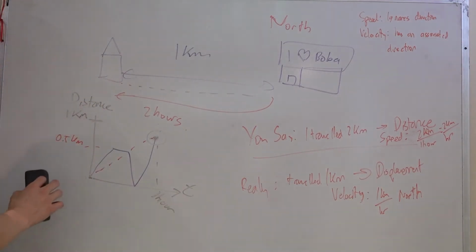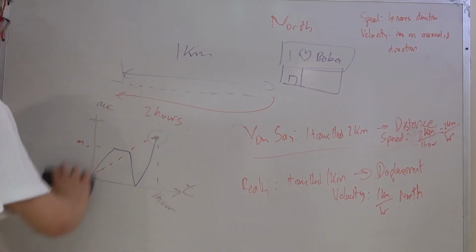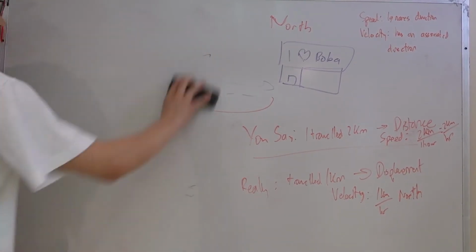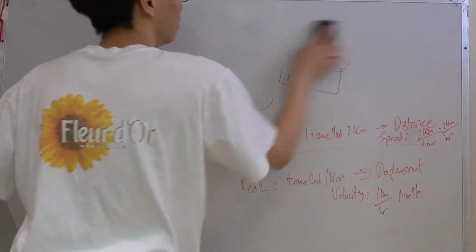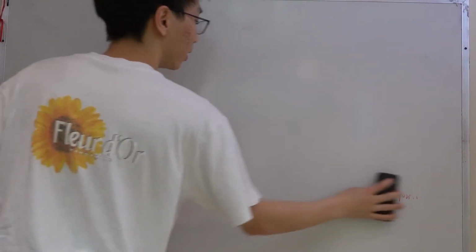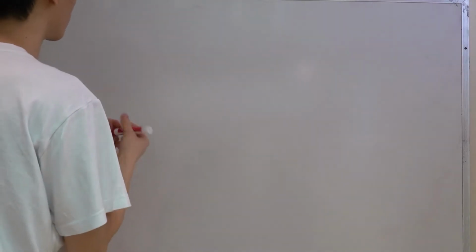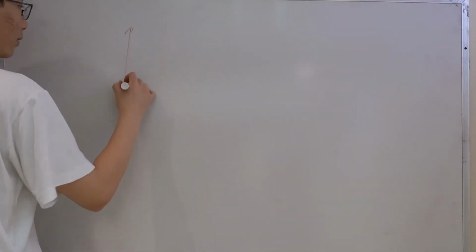Right, so now enough with the examples. We're going to go completely abstract. So consider a completely abstract distance-time graph, with an associated direction, which just means that we are able to calculate velocity.